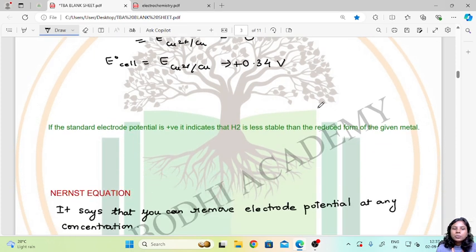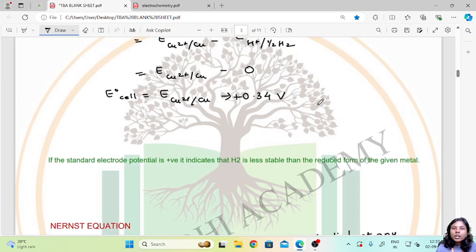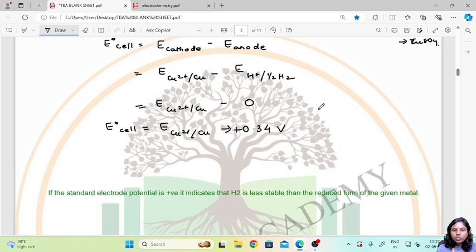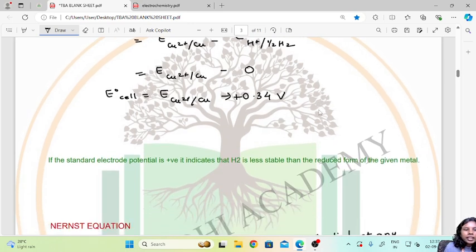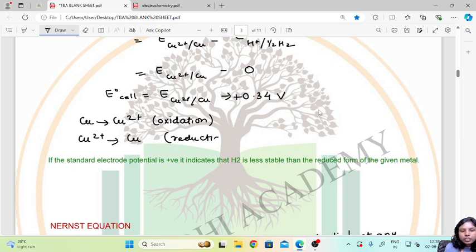So now in terms of copper, we can say that the reduced state of copper is more stable than that of the hydrogen, correct? So in this case if we take copper going to Cu2+, that is its oxidation state, and then Cu2+ going to Cu, that is its reduction state.